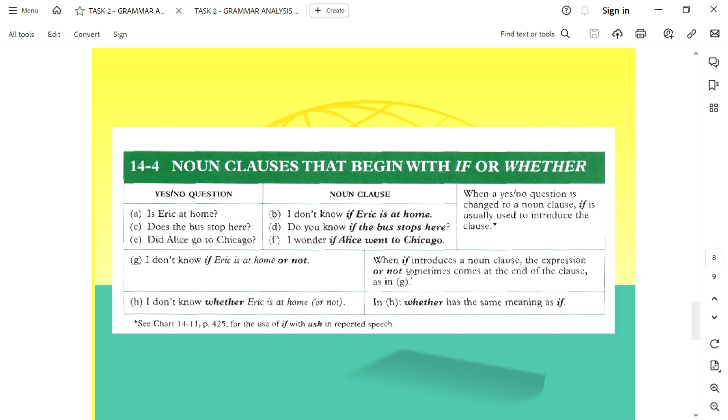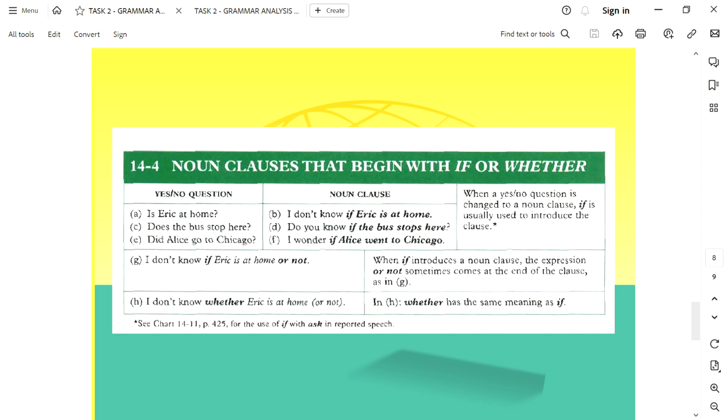When if introduces a noun clause, the expression or not sometimes comes at the end of the clause. And the last one, I don't know whether Eric is at home. Here, whether has the same meaning as if.